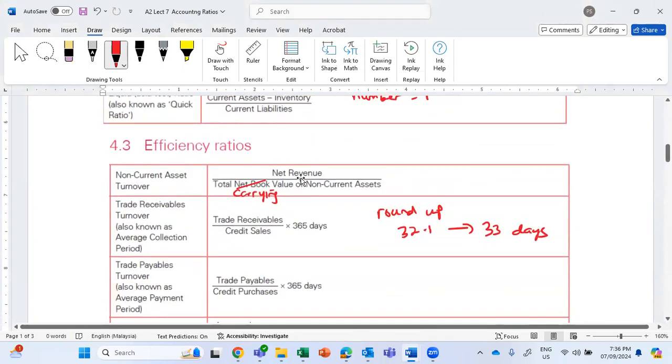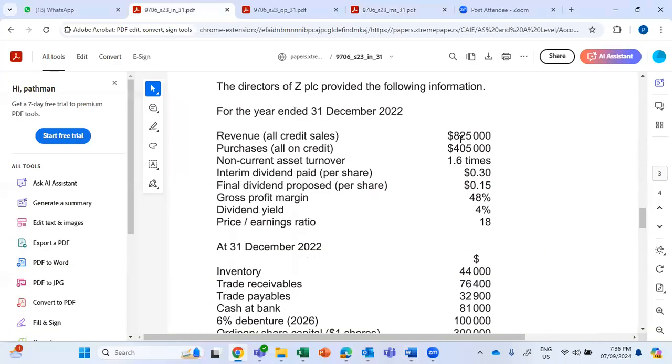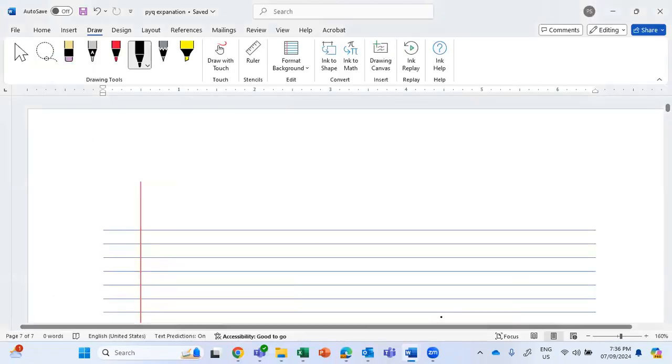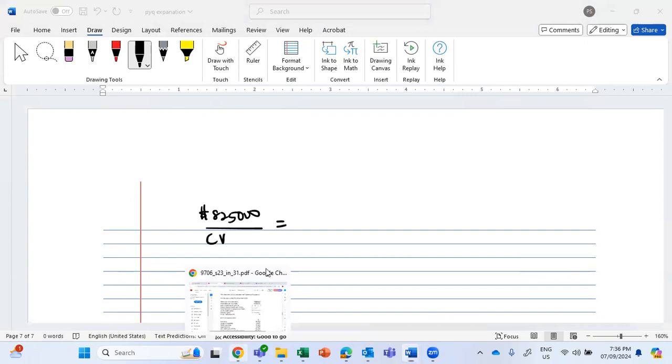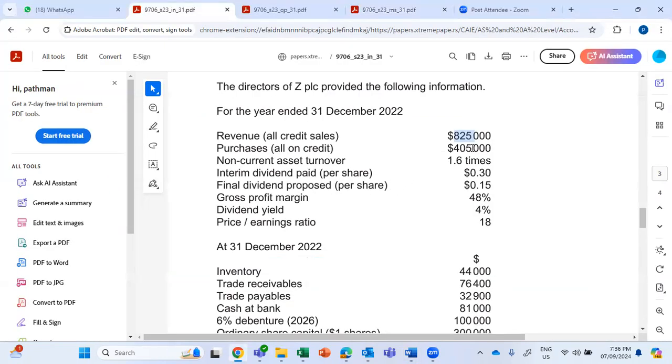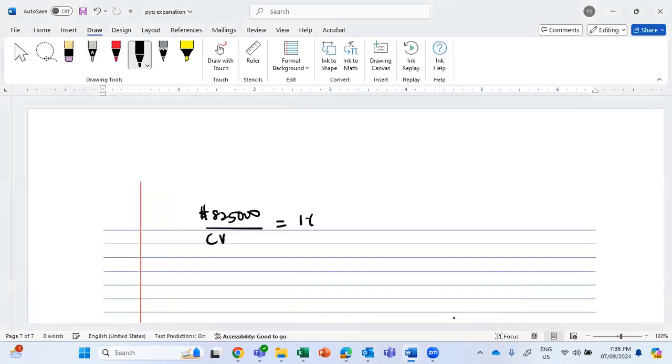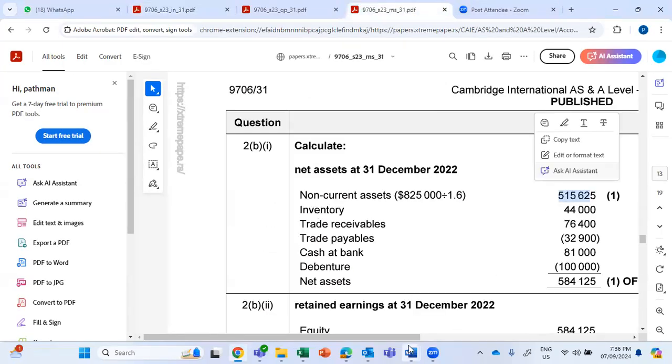Here, net revenue over total carrying value of non-current assets. So revenue here is $825,000 over carrying value of non-current assets, which is what we want to find. Divide that equals to 1.6 times. So with that, the carrying value is as per given here, 515625.